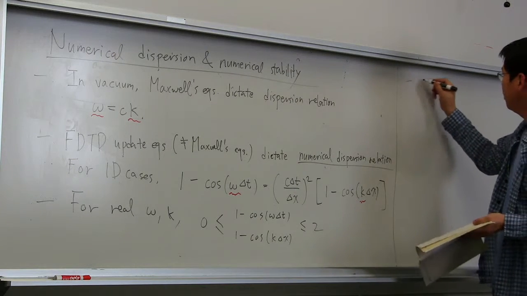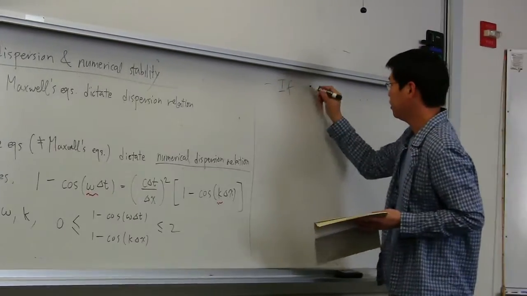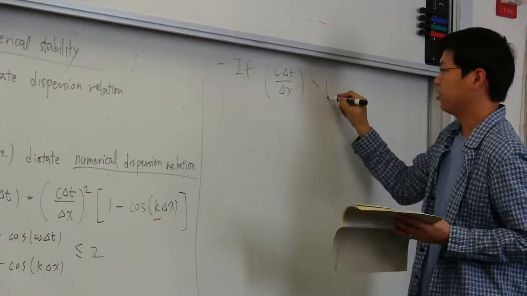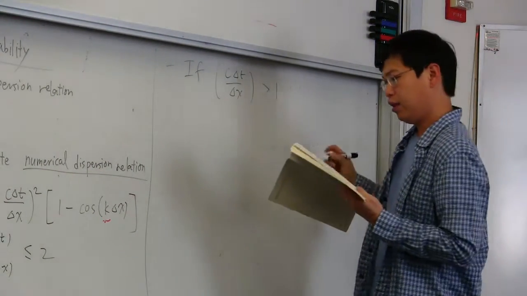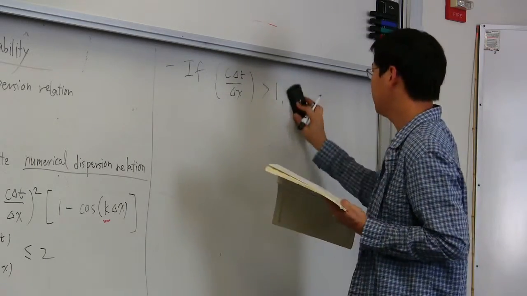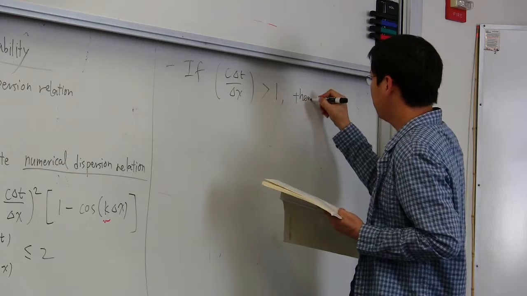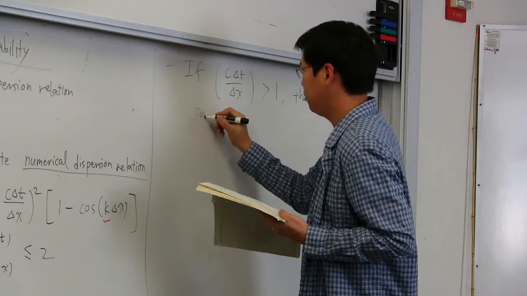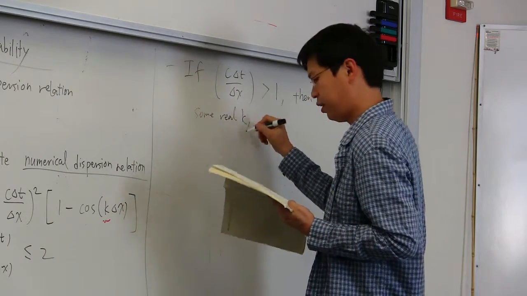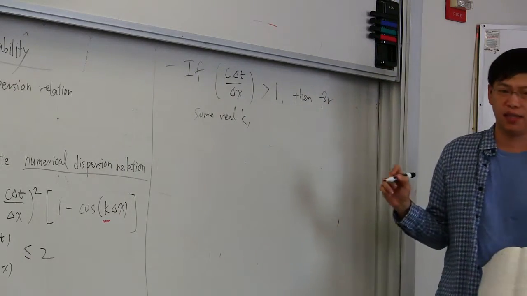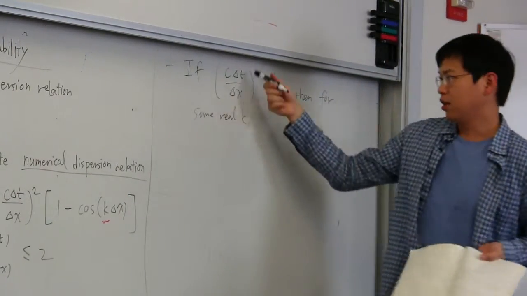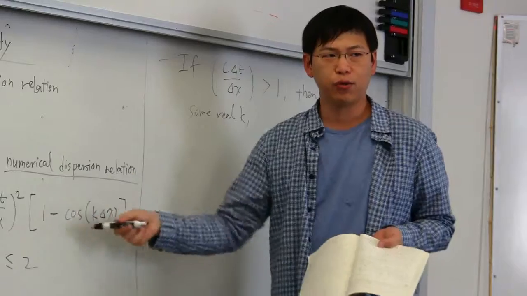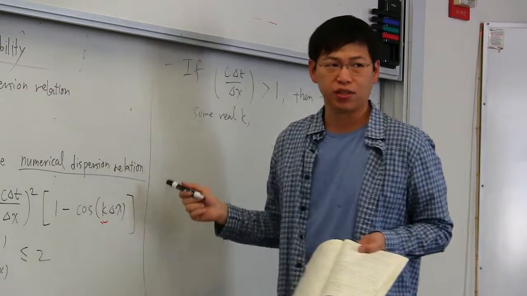That means if the factor c delta t over delta x is greater than 1, then for some real k, there's no corresponding real omega, because if this is greater than 1, for some k, especially the k that makes this quantity equal 2, the right-hand side quantity becomes greater than 2.